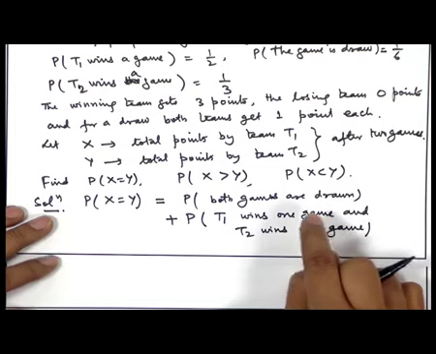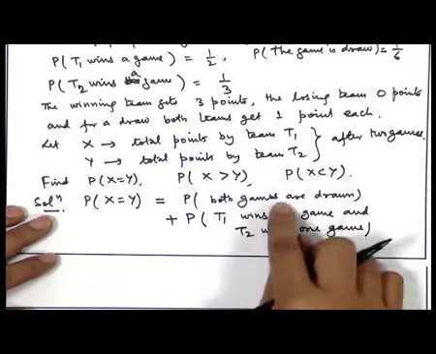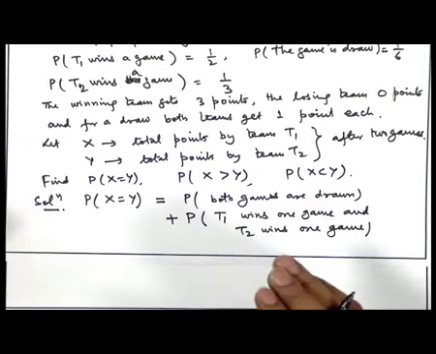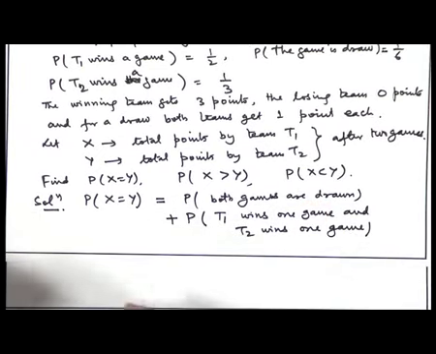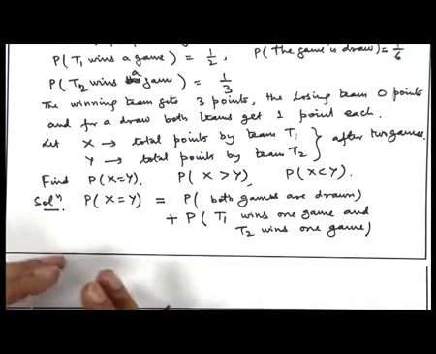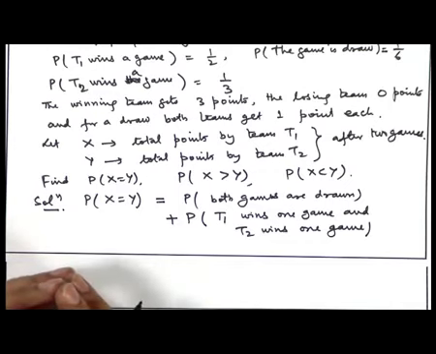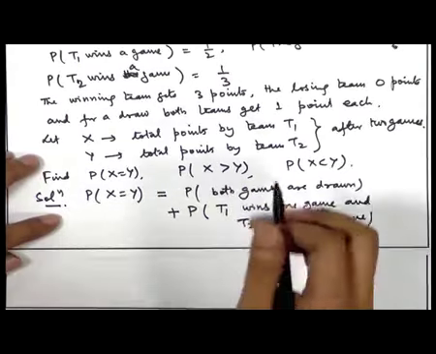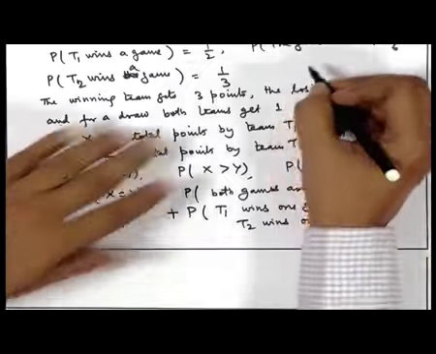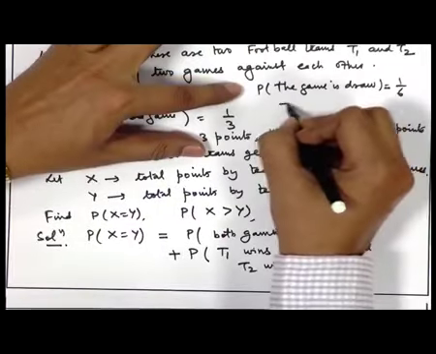Now, in order to evaluate that both the games are drawn, we have to actually look at the probability of one game being drawn and the second game being drawn. Now, this can be calculated only if I make the assumption that the games are played independently. So, we have to write that assumption that the games are played independently.